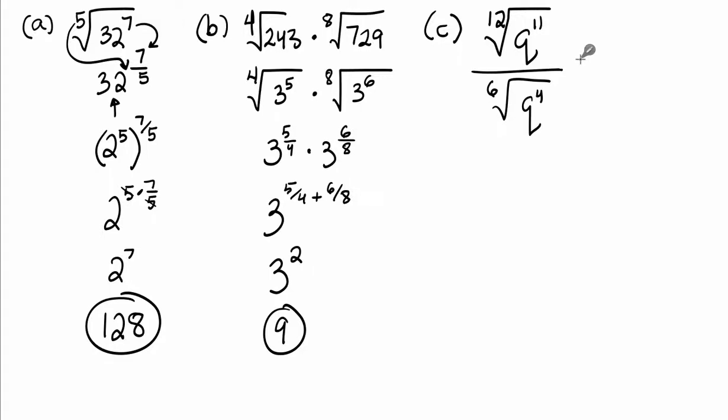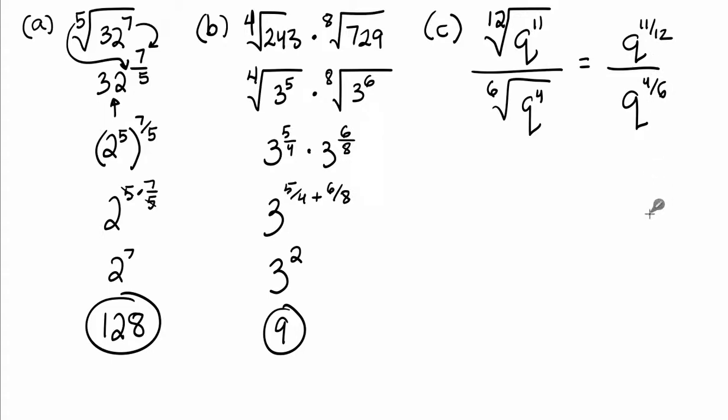This will become a much easier problem if we translate each of these radicals to a power with a fractional exponent. The numerator, using the same ideas from the first example, would become q raised to the 11/12. The denominator would become q raised to the 4/6.